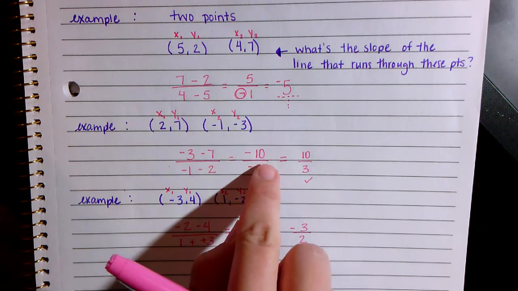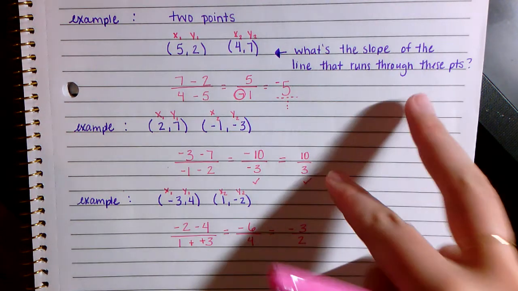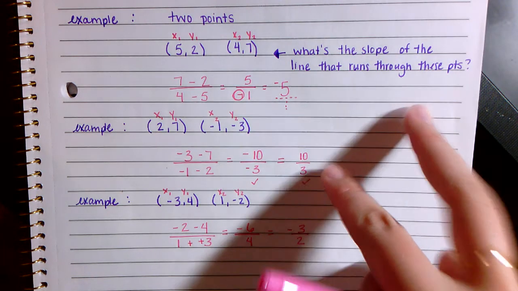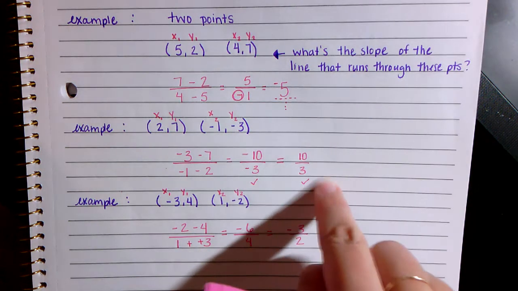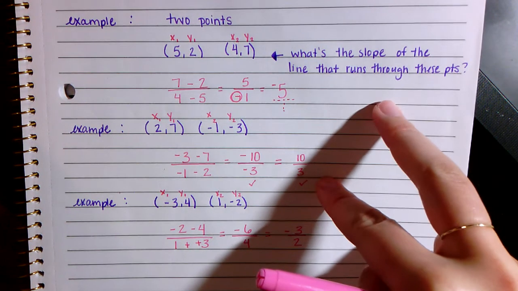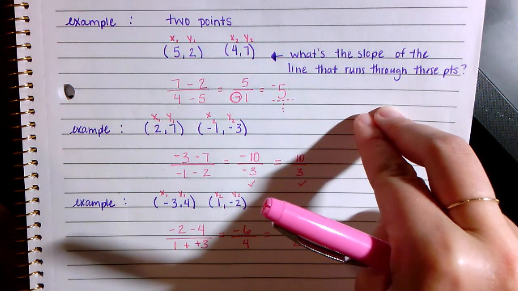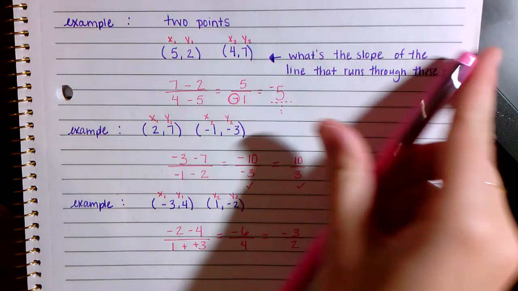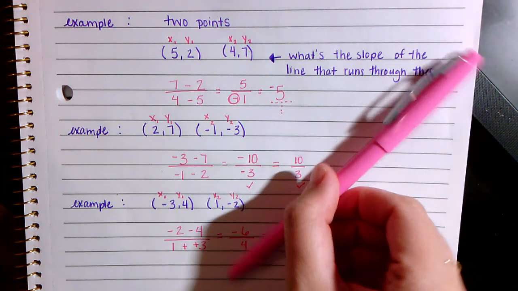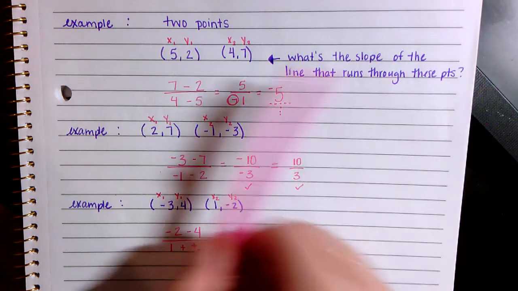The difference in their x values, the difference in their y values, that's the slope, or that's how far away they are from each other. So, 2, 7, and -1, -3. They're that far apart. What is that slope? It's up 10 and over 3, and you'll get to the points. So slope just tells us, again, how far away those points are from each other, but it also lets us know what is the steepness of that line, and how do we find it when they've given us 2 points on a graph.